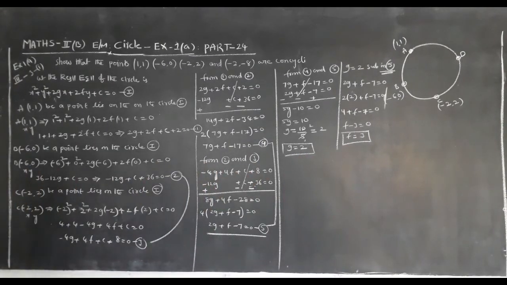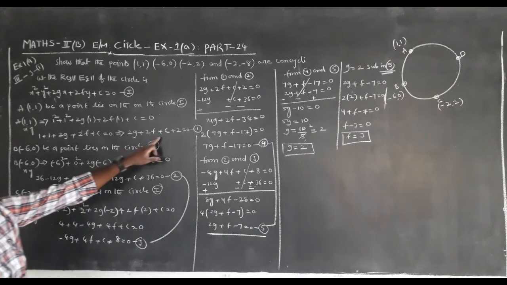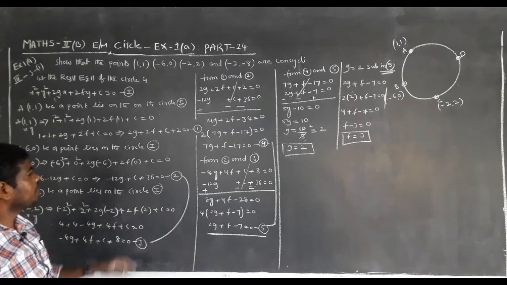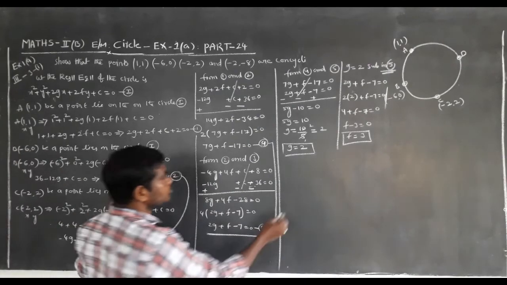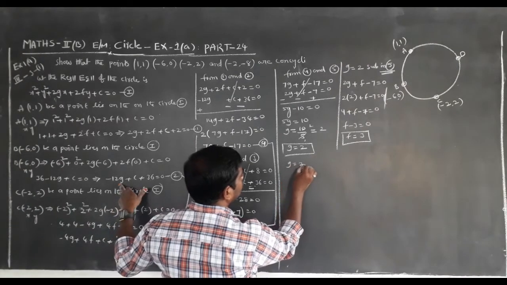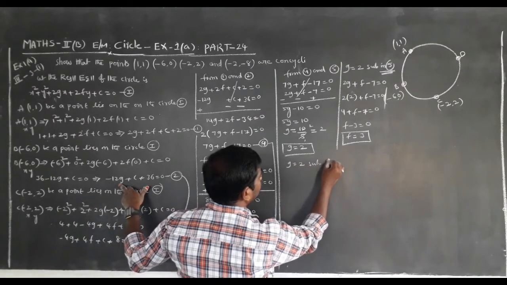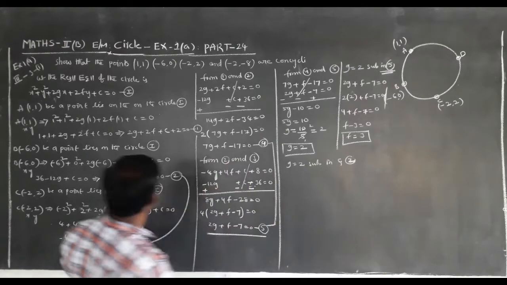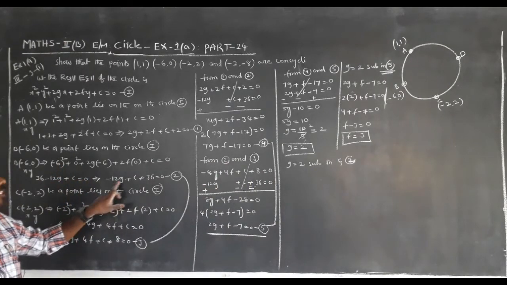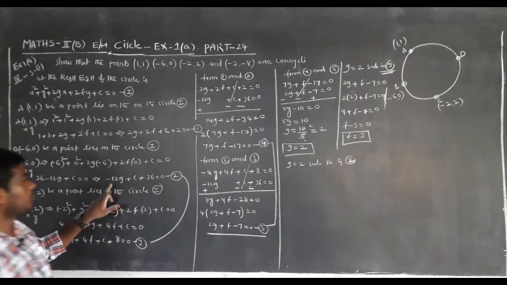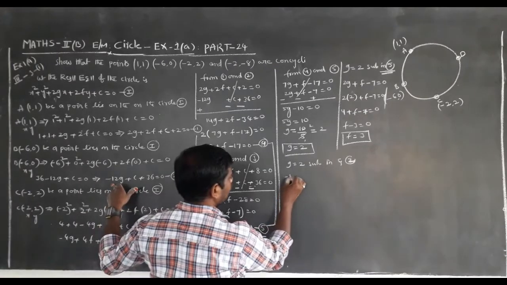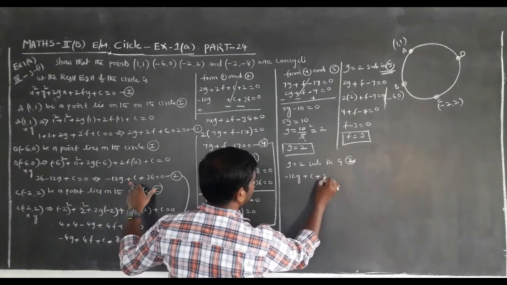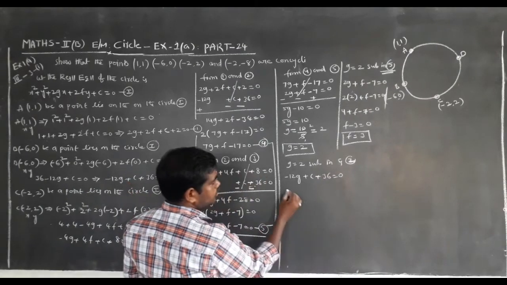Now the g, f values can be substituted in equation number 1, 2 or 3. Here is an easy process: g is equal to 2, substitute in equation number 2. Second equation, minus 12g plus c plus 36 is equal to 0.